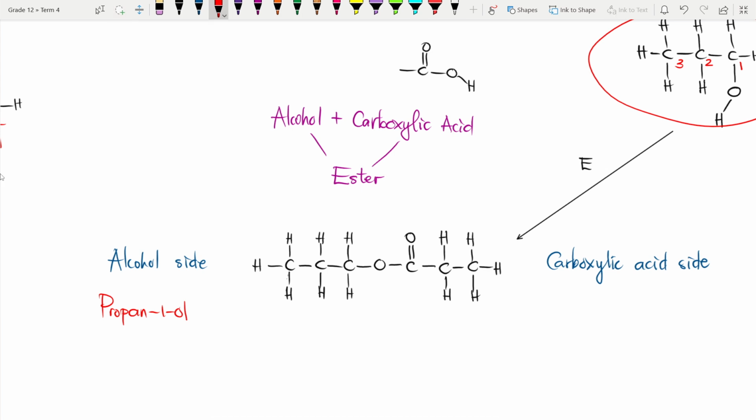Okay. So we're looking for the name of the carboxylic acid that was used. Look at this. It's still 3 carbons, which means it has to do with prop.